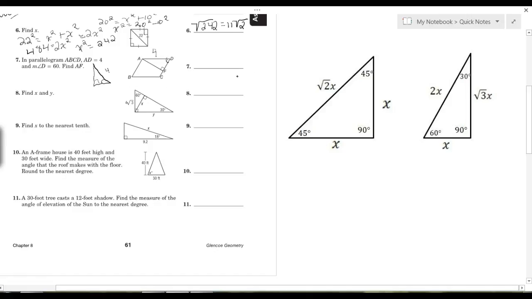So now if I look at my 30, 60, 90, I see that 2x equals my hypotenuse. So I'm just going to solve for what x is in this first before worrying about anything else, because the only thing that I know is the 4 of my hypotenuse over in this diagram.